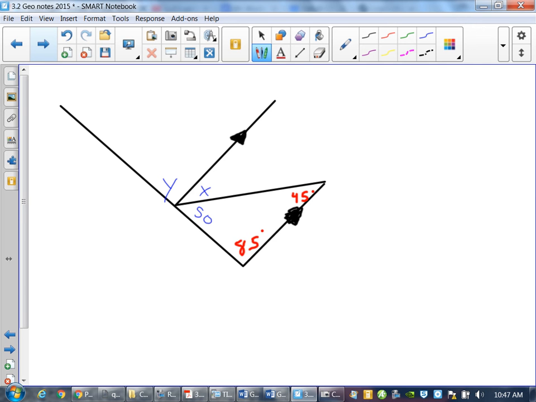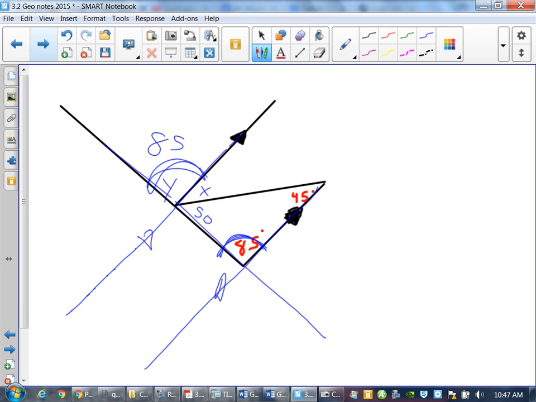Now, one of the things I want you guys to start to see, if you have diagrams like this, sometimes it's easier just to bring this out further. So now you know that you have your parallels. 85 is in, if you tilt your head sideways, isn't that the top right? Isn't the y in the same spot? What's y? 85. 85, 50, and what creates a line? 45.